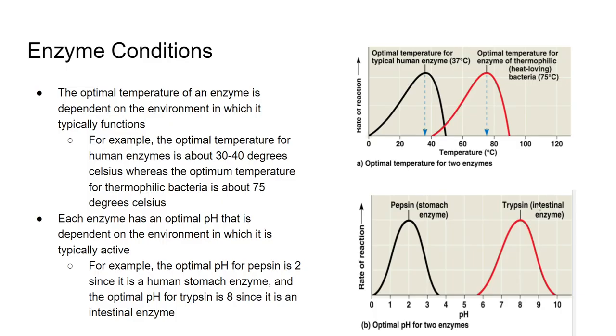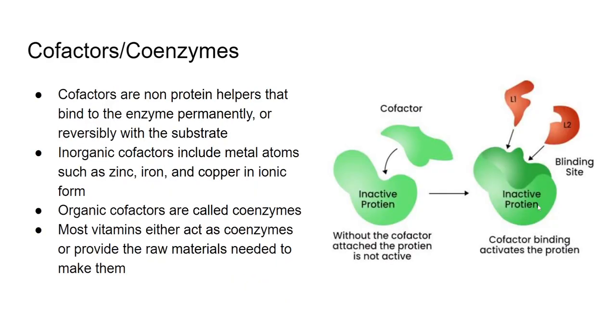We have cofactors and coenzymes. This is going to be pretty brief, but cofactors, for example, could be stuff like iron, or they're basically inorganic things, so like iron, zinc, and copper, so basically metal atoms. A good example of this is hemoglobin.